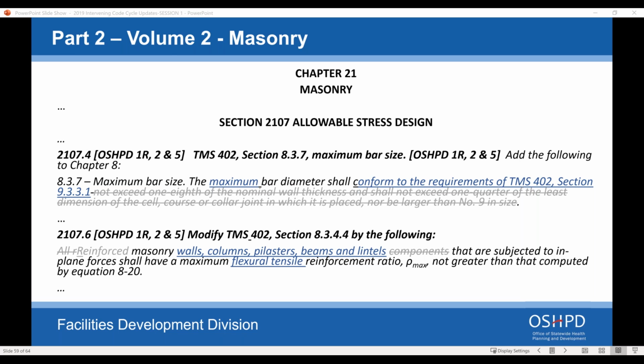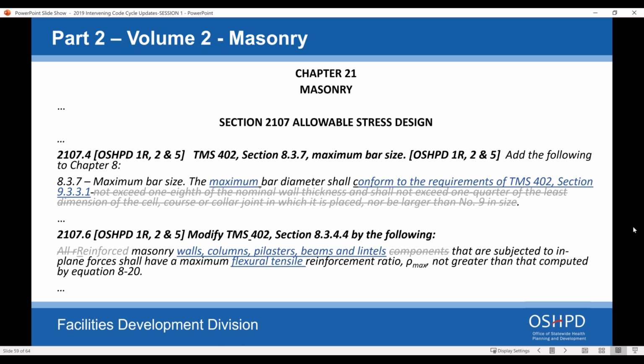The strength design still limits your maximum bar size. I'm talking about the 2016 code, TMS 2016. So we just said we'll reference the appropriate section of TMS 404, 9.3.3.1, which limits the bar size to number 9.